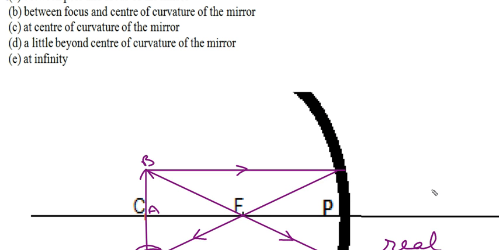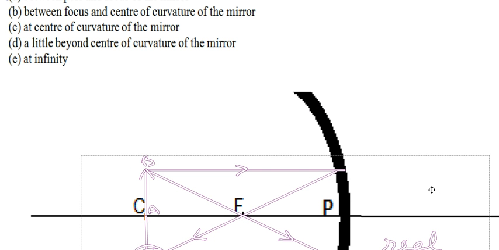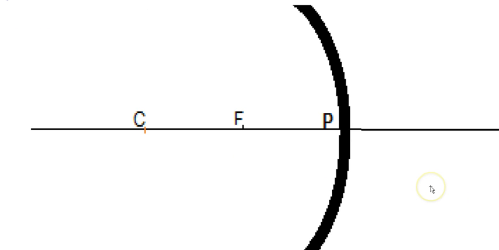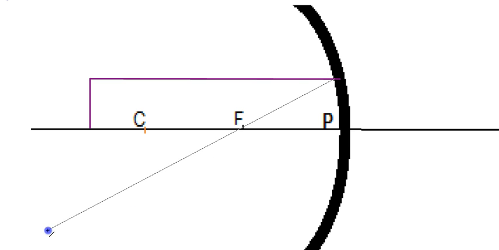Then we move to our next part, that is D: a little beyond the center of curvature of the mirror. Okay, fine. So this is the center of curvature, and the object is slightly away from this C. Let's say we take the object over here. Again we go with the same sort of alignment. This ray is coming parallel, and after reflection it comes like this.